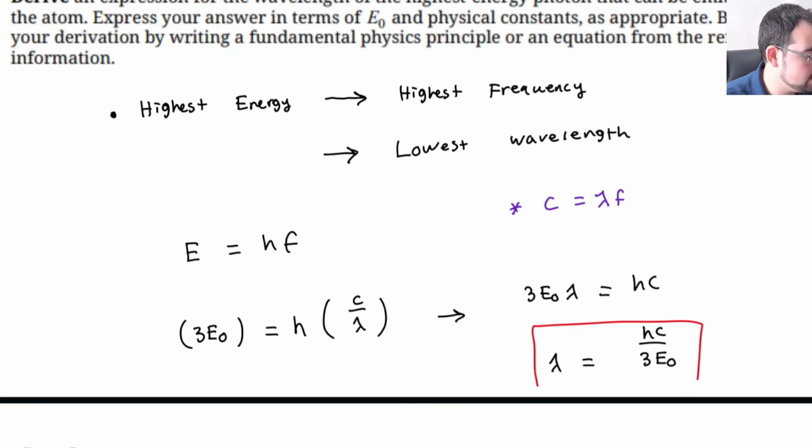That should qualitatively make sense, because if I have a larger energy, I'm going to have a lower wavelength. So you probably got a point for identifying the highest energy state, a point for substituting c over lambda for frequency, and then a point for the correct answer.